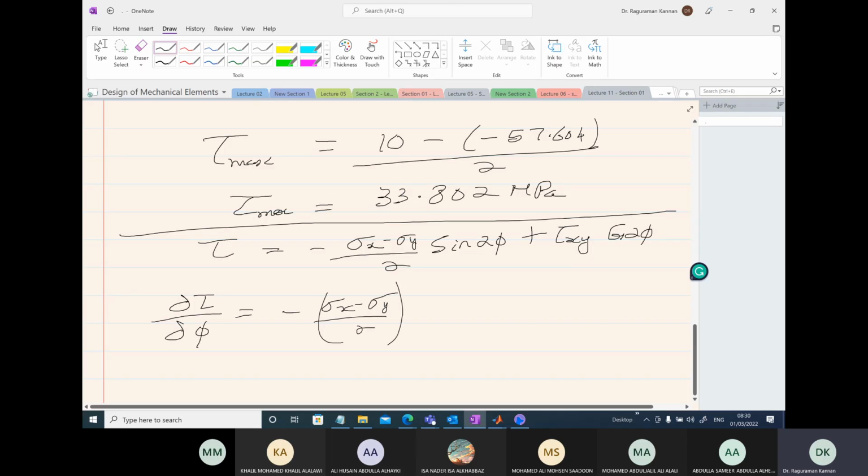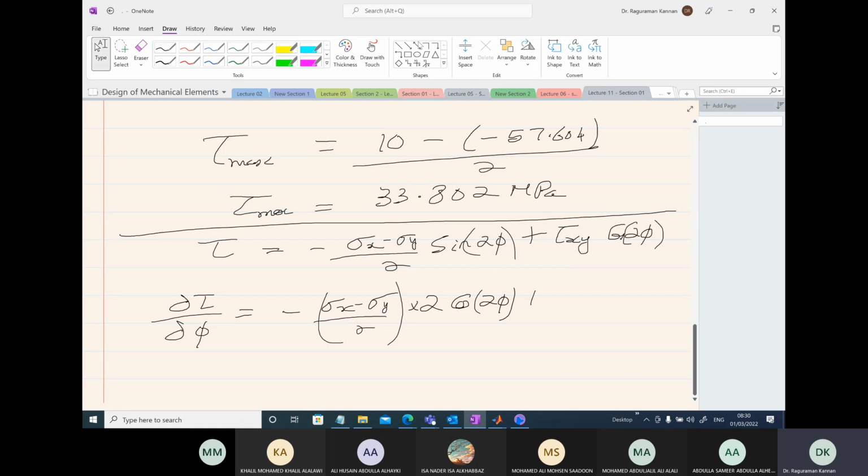So what are you going to get? Sine will become cosine 2 phi. And then let's differentiate this: minus 2 sine 2 phi, multiplied by tau xy.